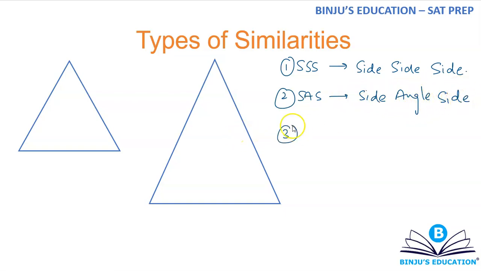And the third one is angle or AAA. You can call that angle, or you can say angle similarity. Okay, there is no difference between the two. We'll discuss that, why is that so. So let's get started with SSS, that is side similarity.